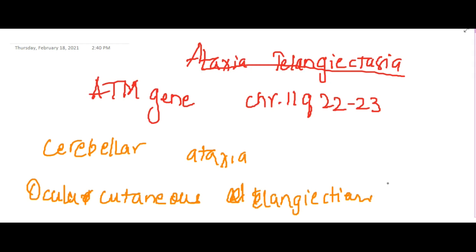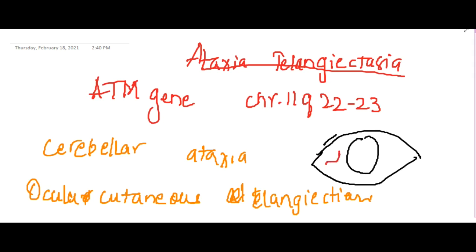If you see in the cutaneous form, or if you see in the eye, it looks something like this. There will be branched, tortuous, dilated blood vessels, many of them can be seen. This is oculocutaneous telangiectasia, which is characteristic of Ataxia Telangiectasia.